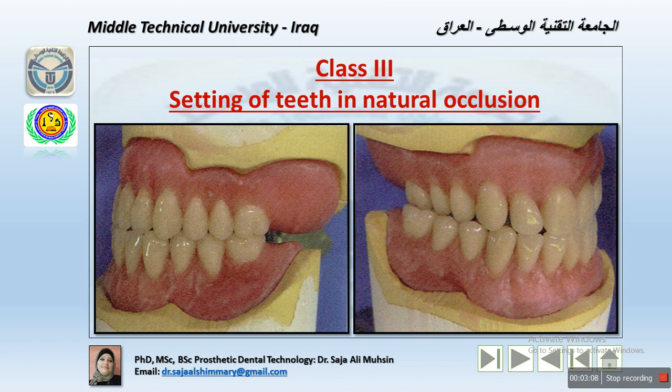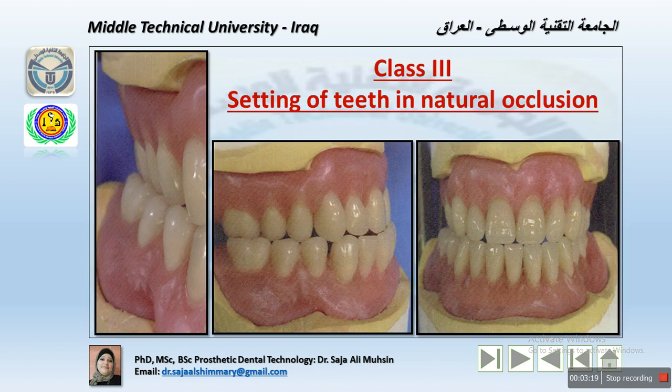And this depends on the arch. Mostly they are unilateral crossbite. In crossbite cases, the neck of the upper posterior teeth should be extended buccally and the waxwork slightly overbuilt, as in the image on the left side.